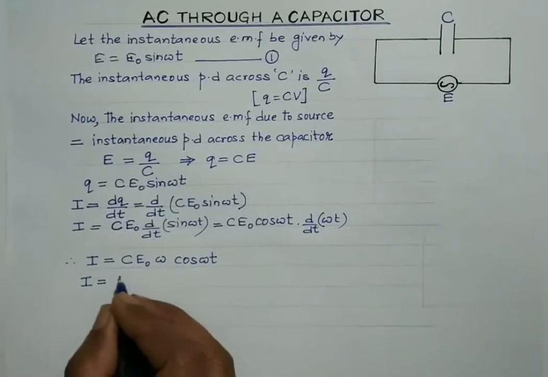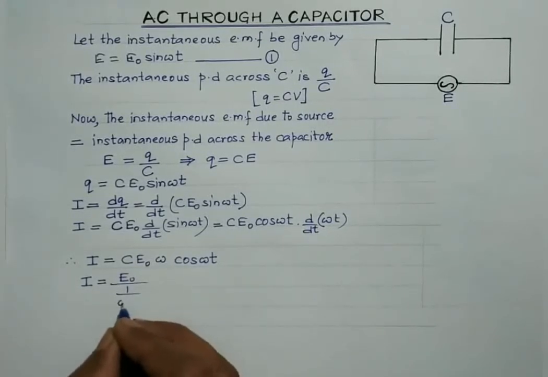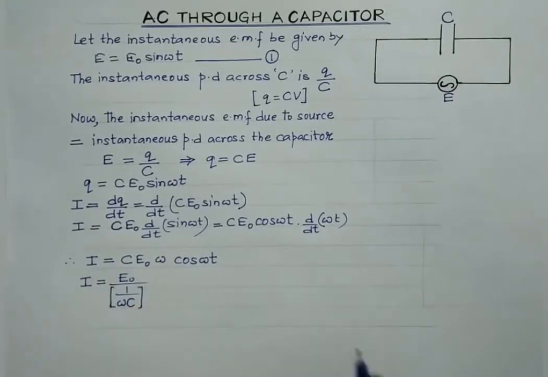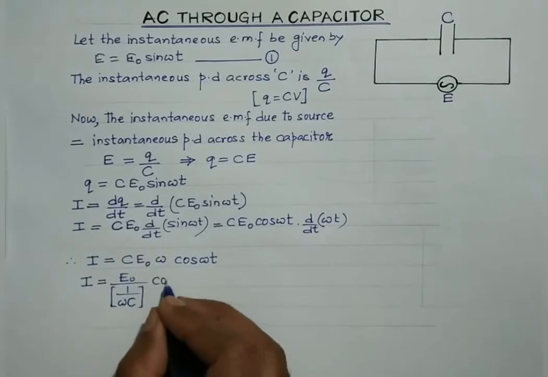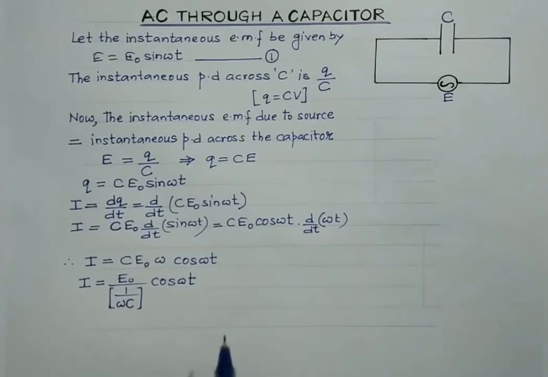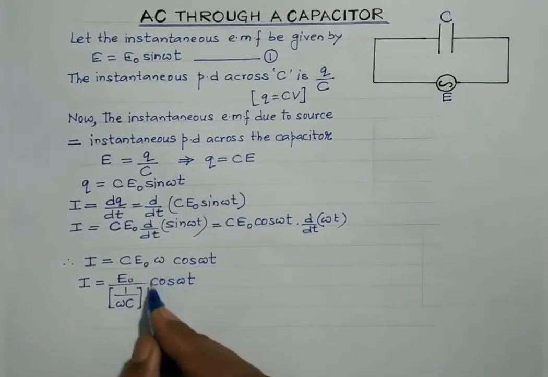It can be written as I equals E naught divided by 1 by omega C, cos omega t. Omega is the angular frequency, C is the capacitance, right? So cos omega t is a dimensionless quantity. All the trigonometric functions are dimensionless.